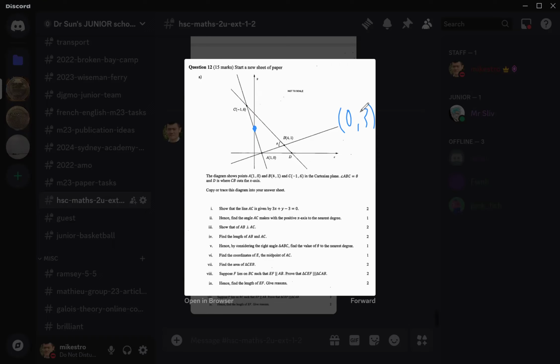Find the area of triangle CEB. So E is the midpoint. CEB. Actually, it's a funny one. Like triangle CEB, I don't know if you know this, but it's like half the area of the triangle ABC, because it's like half the base times the same height gives you half the area.